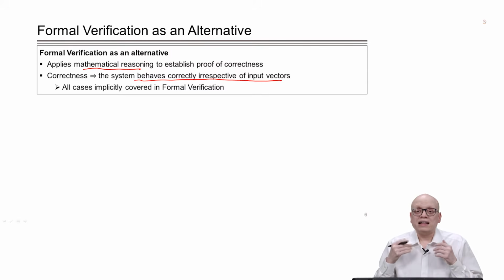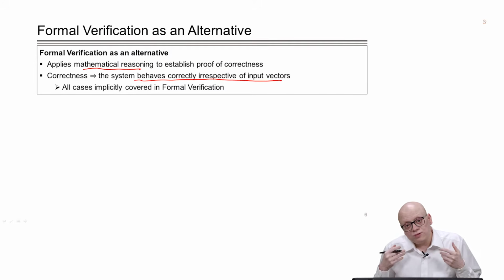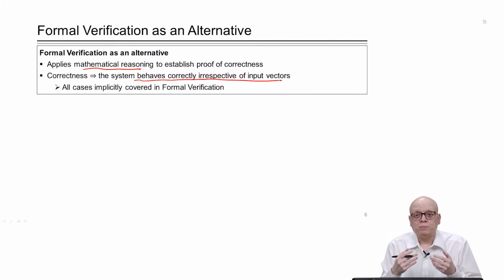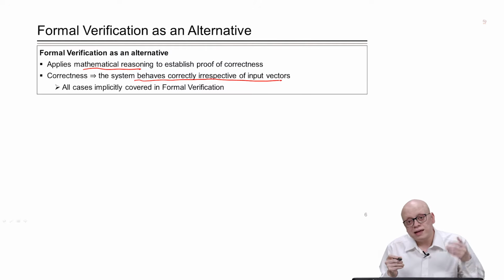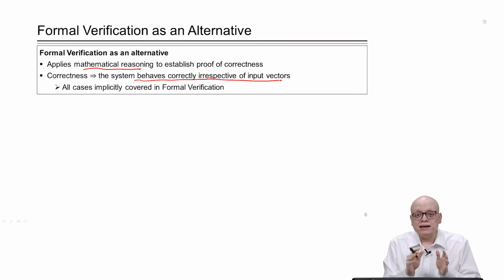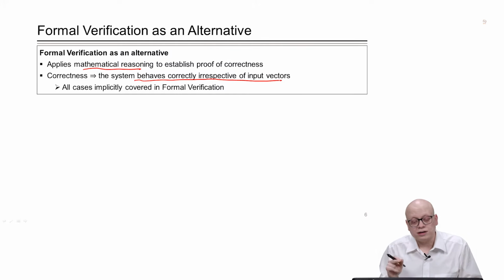So, if using a mathematical tool we are able to establish the correctness of our design, it implies that based on the mathematical model assumed by the tool for establishing the proof, if the input remains in that domain, then for any given input the system will behave correctly. So, without applying test vectors, the formal verification tool implicitly covers all the test vectors in our design.